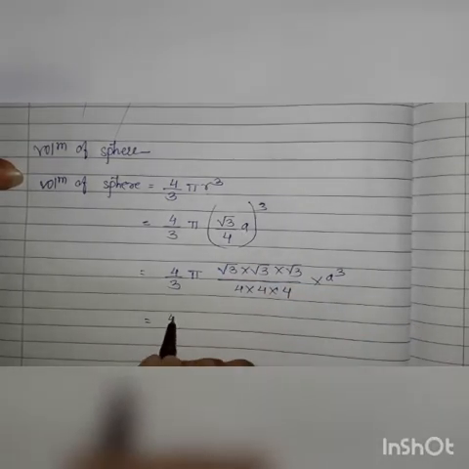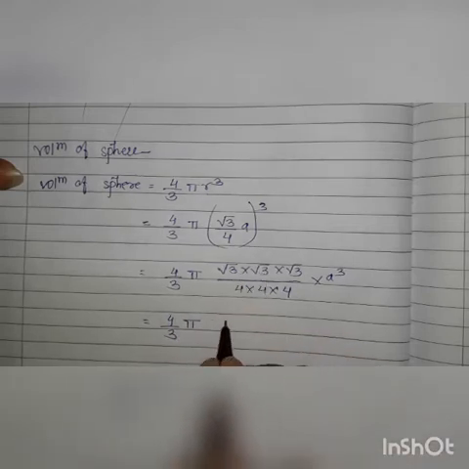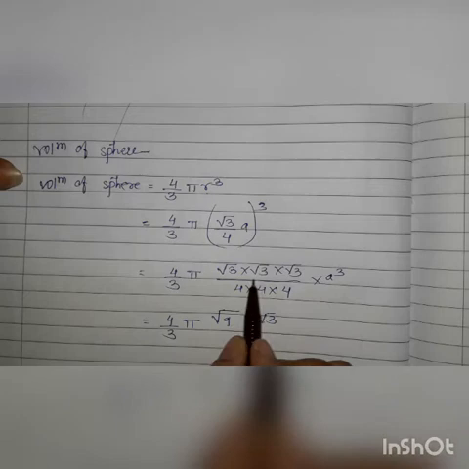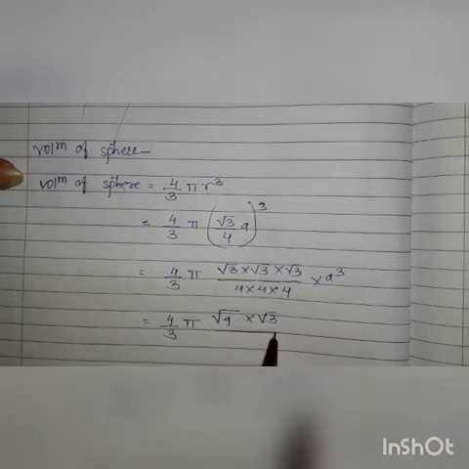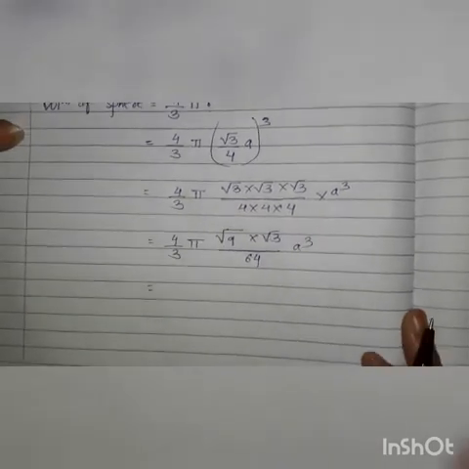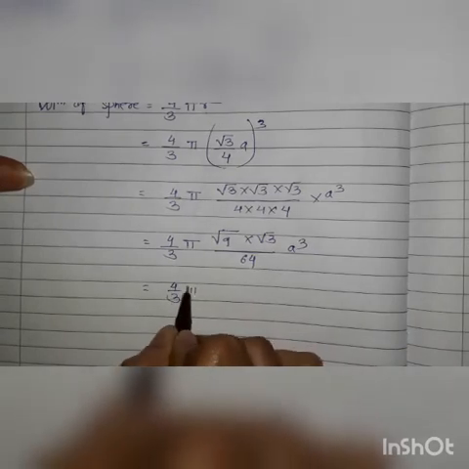Okay, now 3 3s are 9. So I will write root 9 multiplied by root 3. These two only I have multiplied. 3 3s are 9. 4 4s are 16, 16 4s are 64 a cube. Now 4 upon 3 pi.